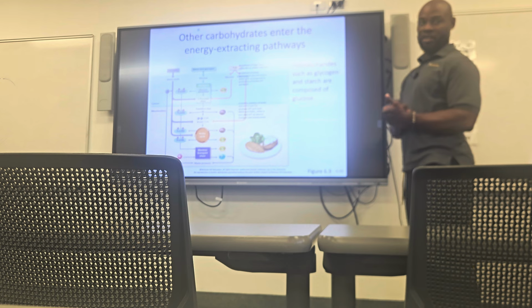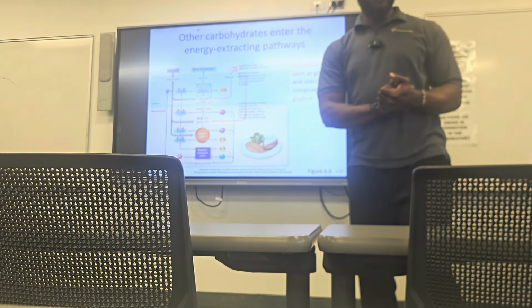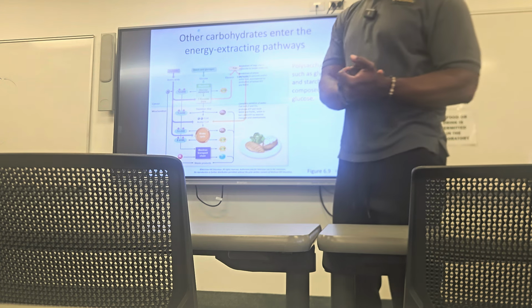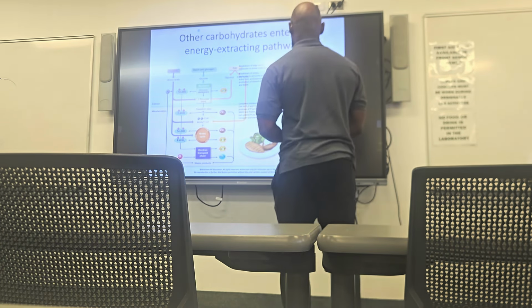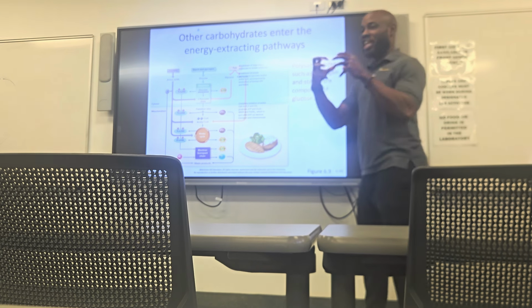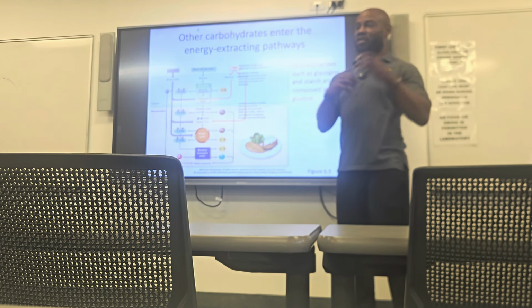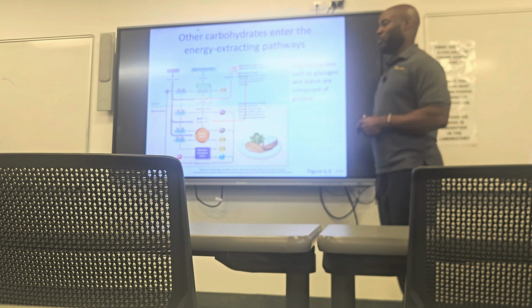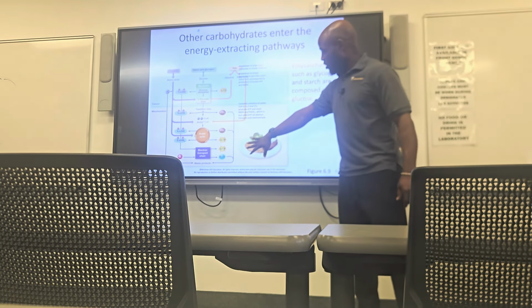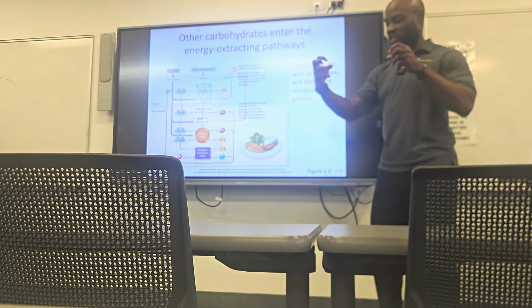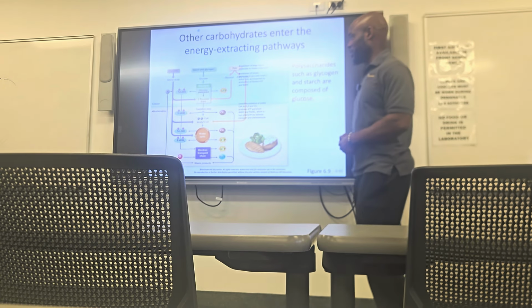What is a polysaccharide? Yeah, 3 or more, generally. Such as glycogen, starch. Chains of monosaccharides make up what is called polysaccharides. So most of the food we eat are going to be polysaccharides, chains of glucose, multiple chains.